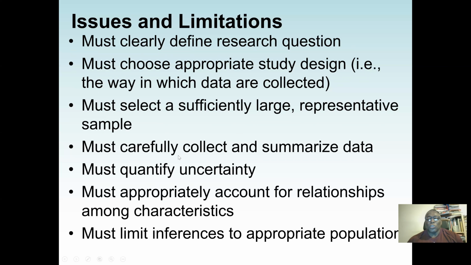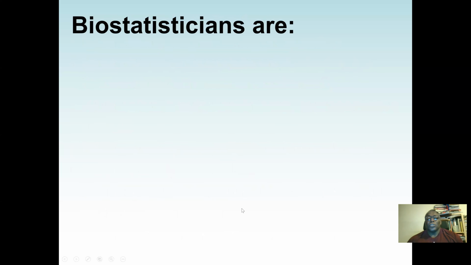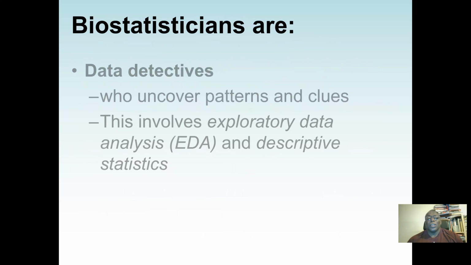So we must also carefully collect and summarize our data. Also quantify uncertainty. We may discuss all this, especially when we get to inferential statistics. We must also appropriately account for the relationships among characteristics. We must limit inferences to the appropriate population. So here we say what biostatisticians do.